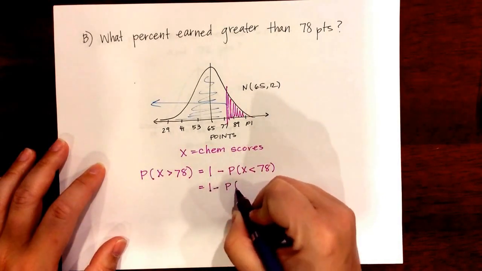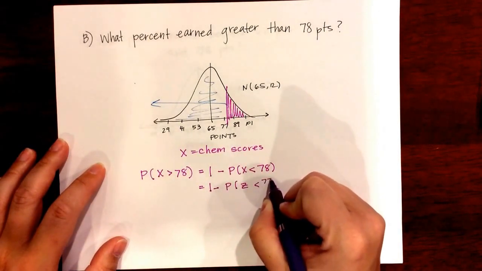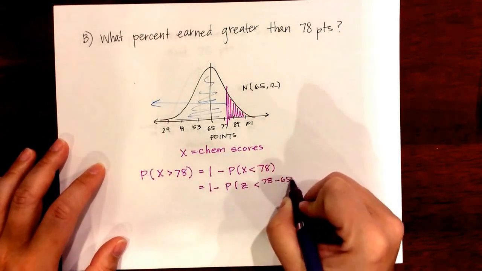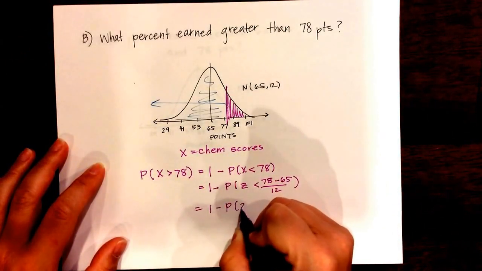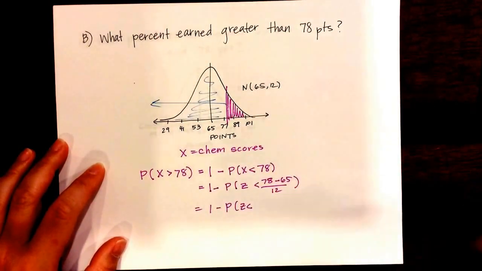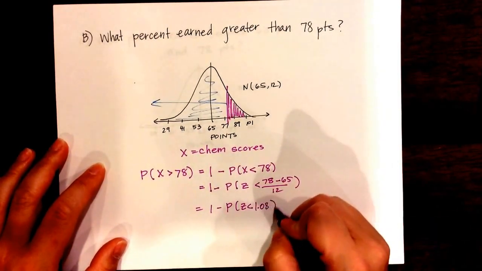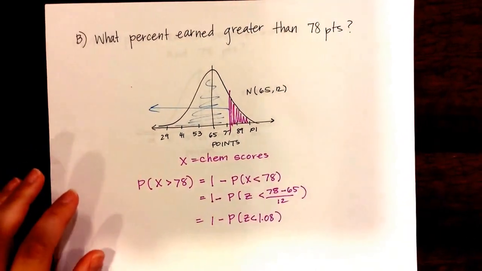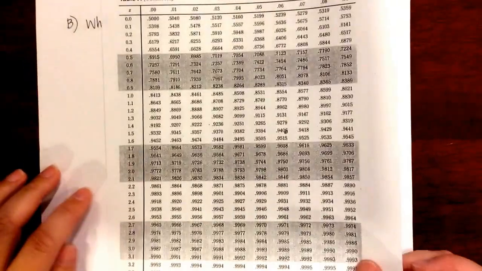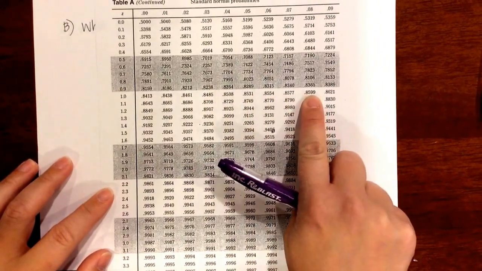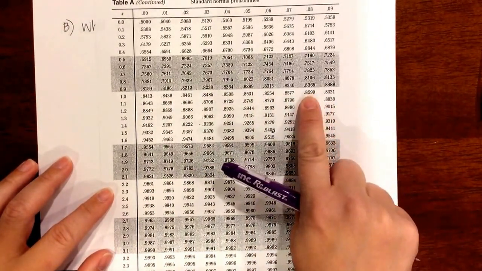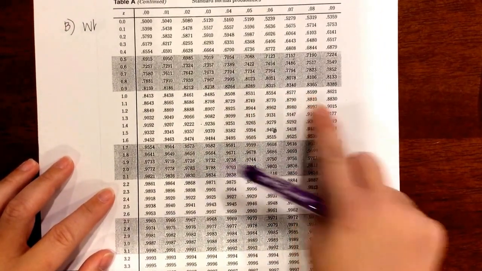And now I'm just going to do z-scores here again. Okay, and then I'm going to look that up. 1.08 has a percent of 0.8599.